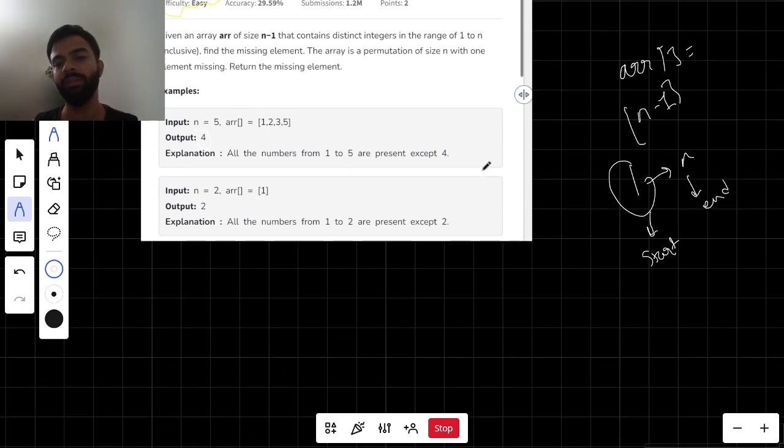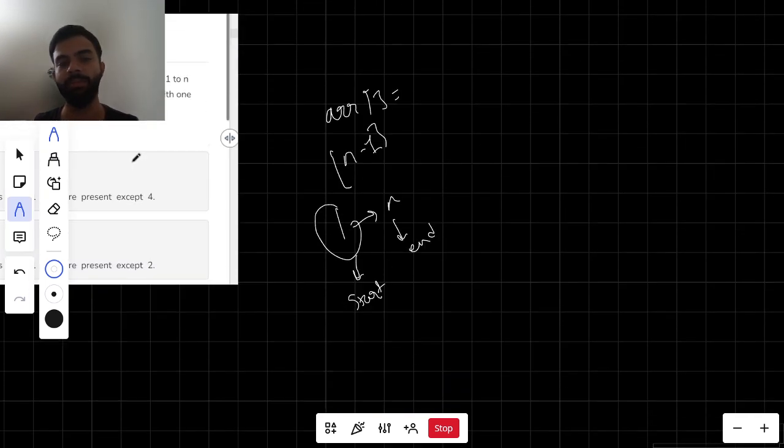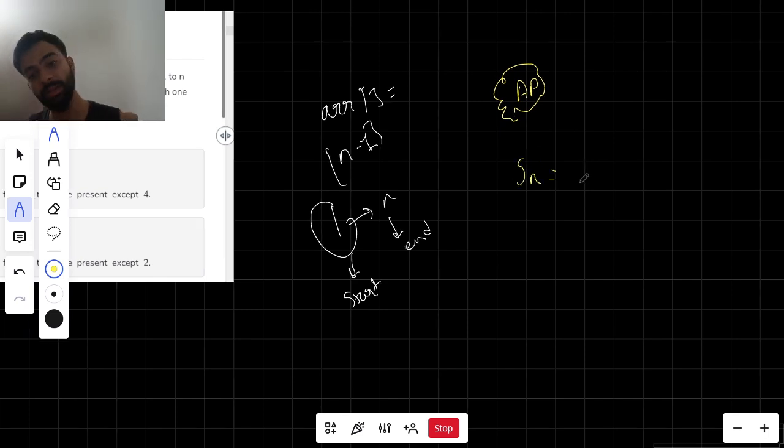But how are we going to find the missing element? I will be writing the algorithm in small steps so that you can understand it. You know that in an arithmetic progression, the AP series, the sum of n terms is equal to the first term plus the last term, times n, divided by 2.